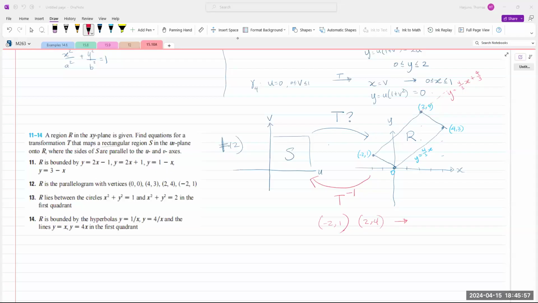Okay, so the slope is 4 over 3, so y equals 4 over 3 x plus constant b. When I plug in 2 comma 4, 4 equals 4 over 3 times 2 plus b. So this is 12 over 3, this is 8 over 3, so b is 4 over 3, that's right.